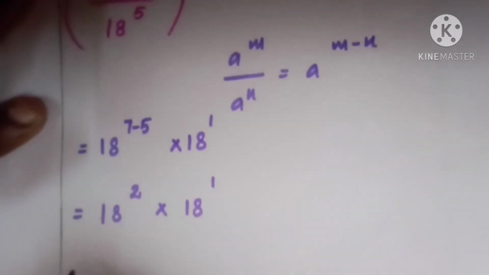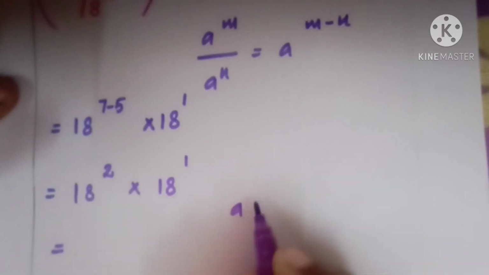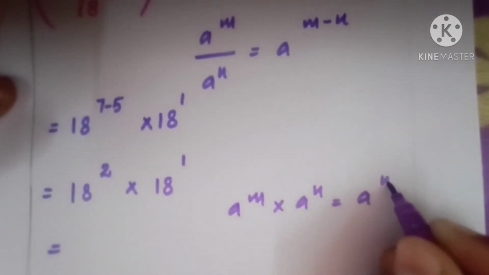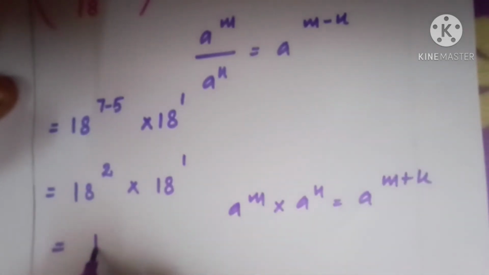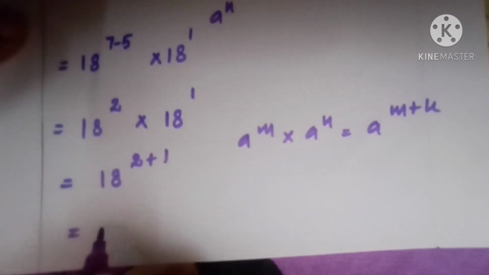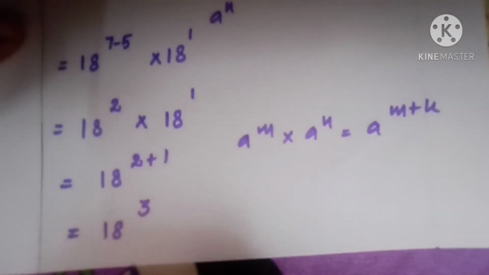Then apply the first rule, a power m into a power n is equal to a power m plus n. So 18 power 2 plus 1. We get 18 power 3.